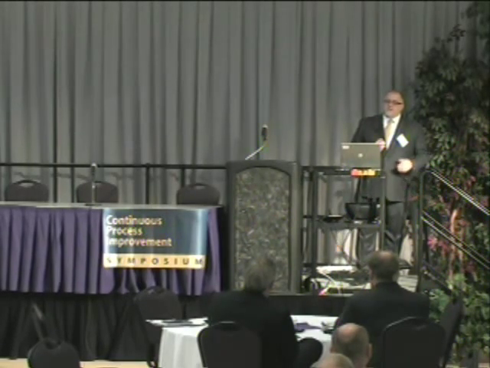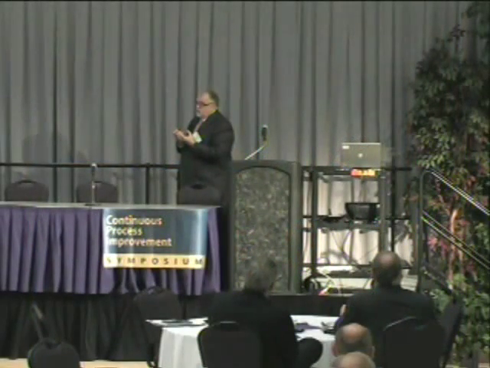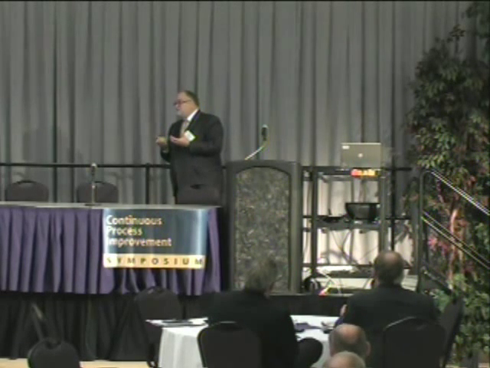But these things create the foundation to do more sophisticated things later on. If you want to do design of experiments, or some more sophisticated analysis on your processes, having these things is going to give you a baseline so you can get some real information, some real data. And you're not guessing about whether your process is better or not.